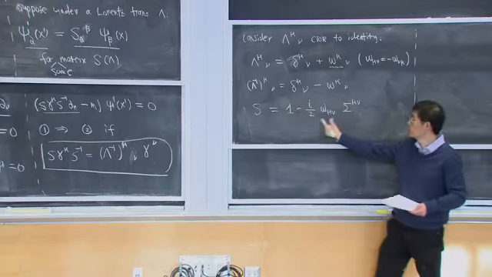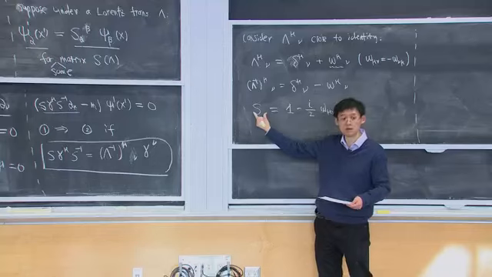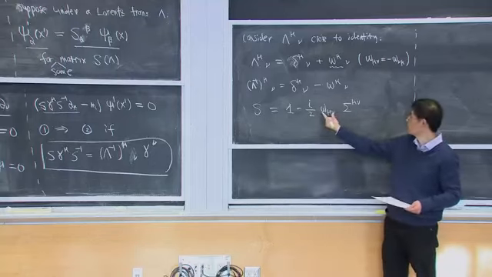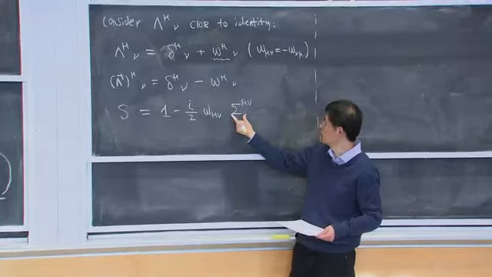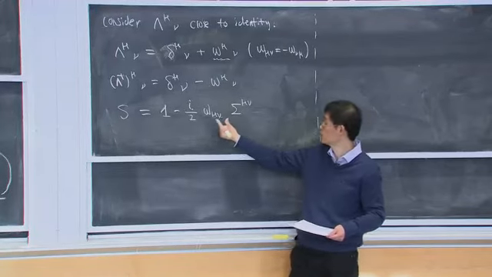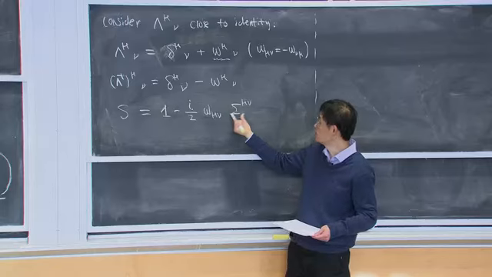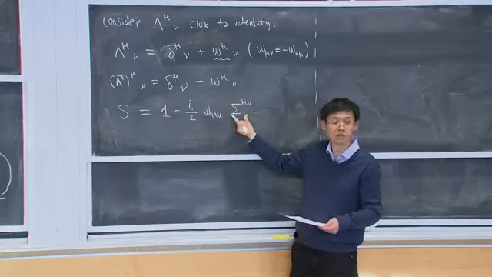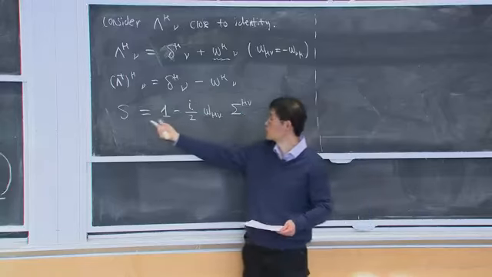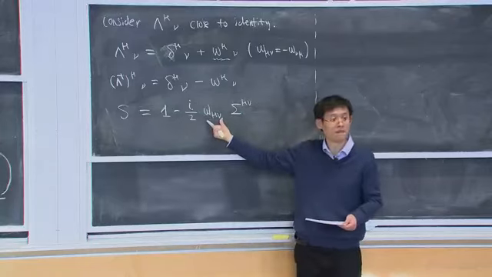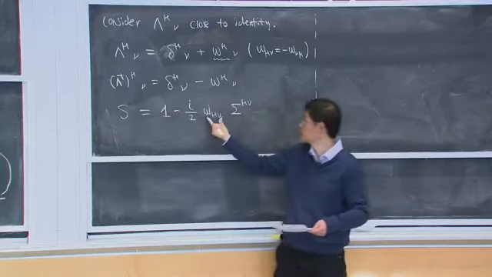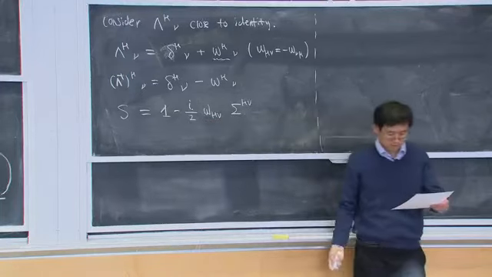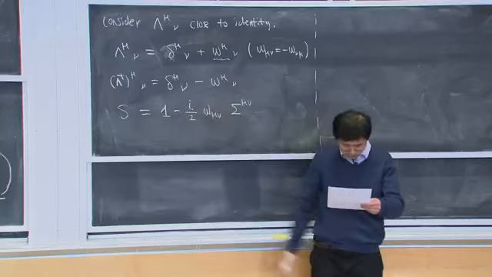Remember, S is a 4x4 matrix, and omega mu nu is just some number. So this will be a bunch of 4x4 matrices, so each omega can in principle independently multiply some matrix. So this is the most general way to expand to linear order in omega. This sigma is essentially just the first derivative of S with respect to each omega mu nu, and this i over 2 is just convention.